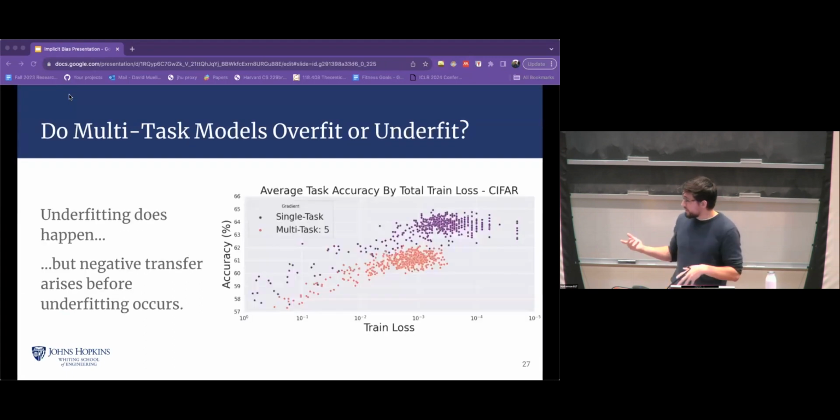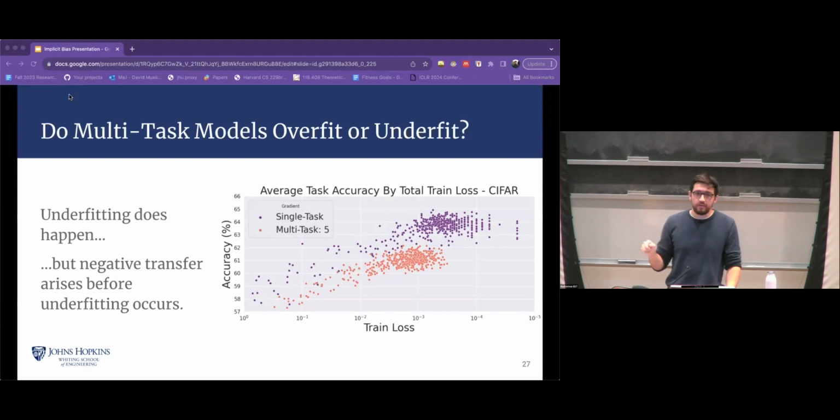And so to study this, we evaluate the entire training loss of our data set at each epoch, and our generalization, our test accuracy, we plot that here. And what we find is that, yes, task conflict absolutely happens. So we're not able to achieve the same loss values that the single task model does with the multitask model.